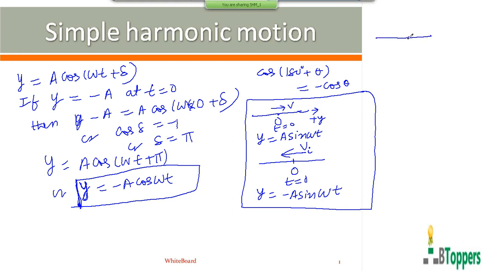If we start timing when the particle is at the positive extreme position, I mean if the particle performing linear simple harmonic motion is initially at the positive extreme position, then the equation for displacement y measured from mean position at time t is given by y equal to a cos omega t.